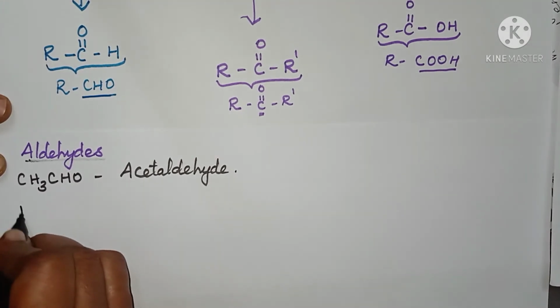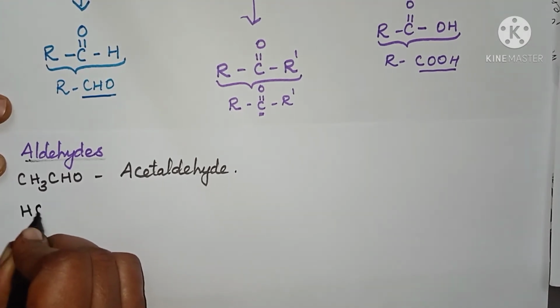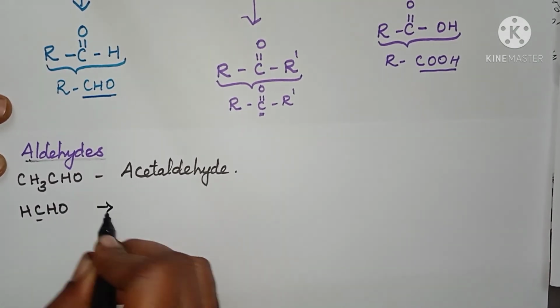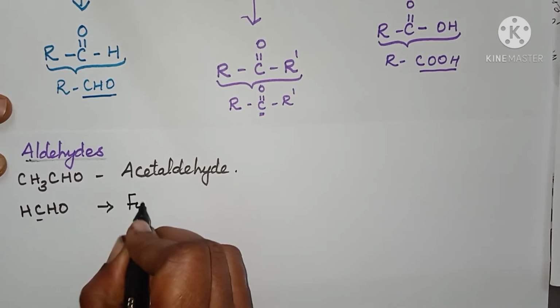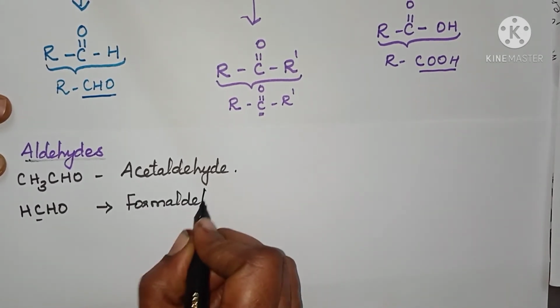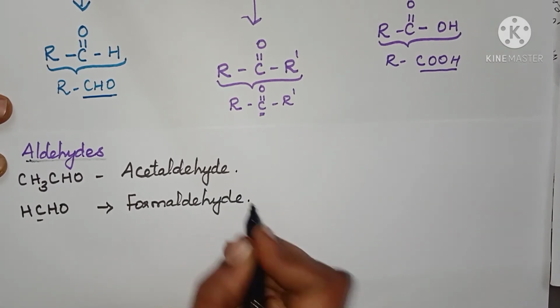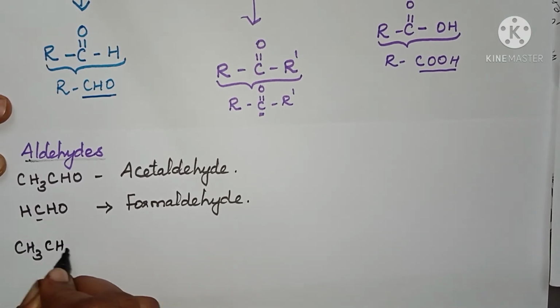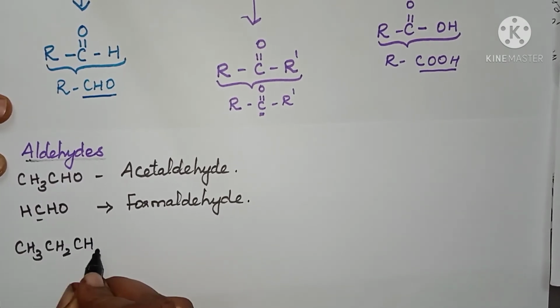Next one, HCHO. Only one carbon is there. What is this? Formaldehyde. Okay, now next one, CH3 CH2 CHO.